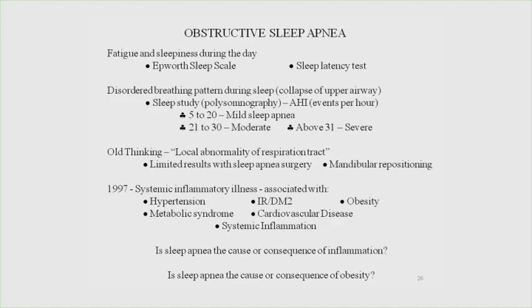Now, you should have an AHI of 0, but they graded it as mild, moderate, severe to determine whether you qualify for insurance coverage of therapy. Now, the old thinking was that sleep apnea was a localized disorder of the upper respiratory tract. What happens with sleep apnea is that your airways collapse, and you just can't breathe. You can take a deep breath, but no air comes in.